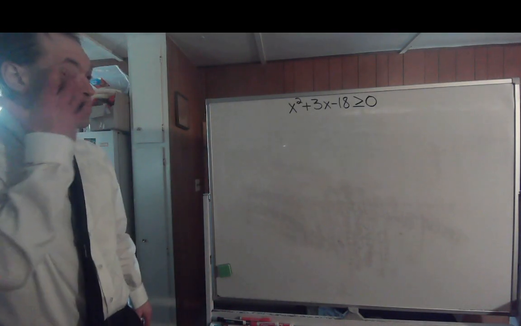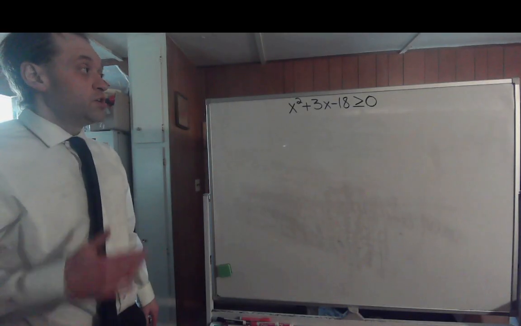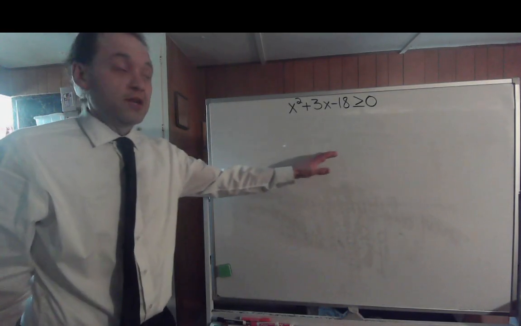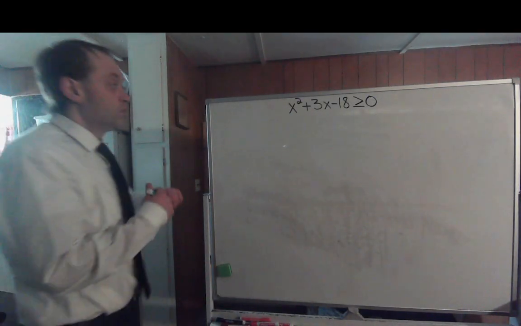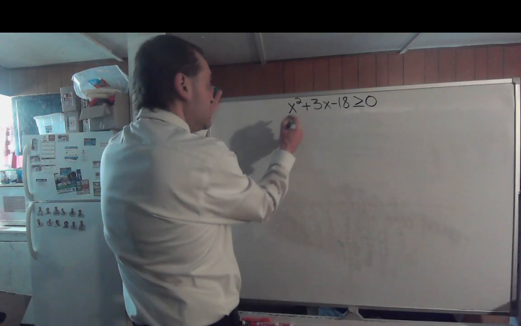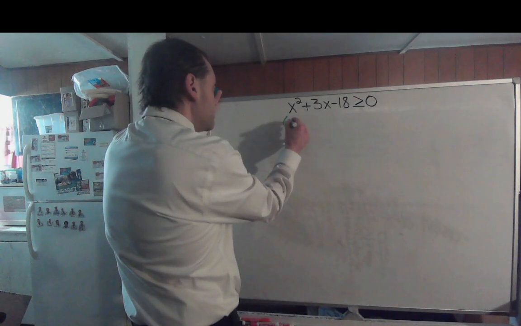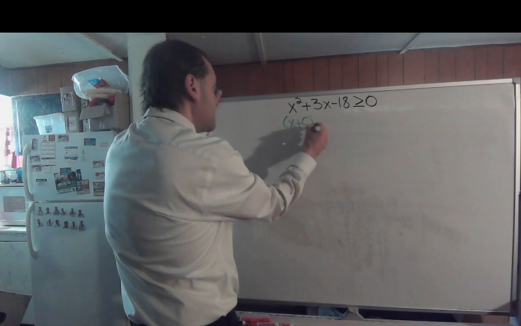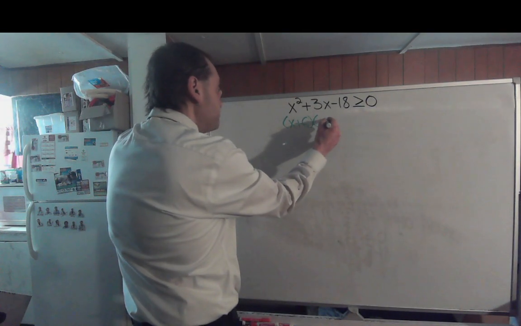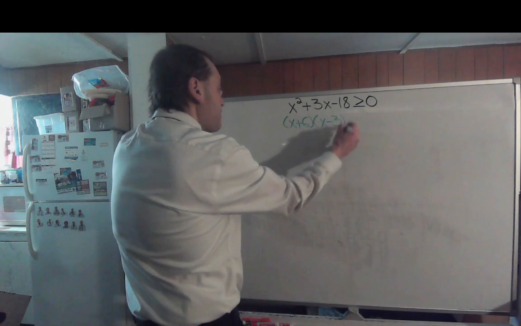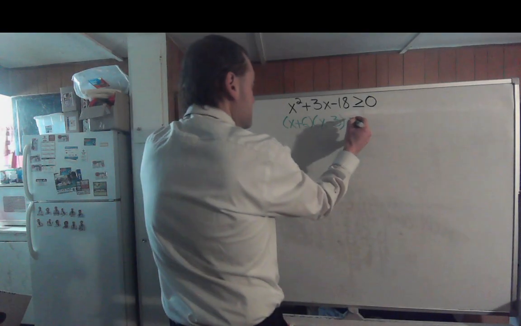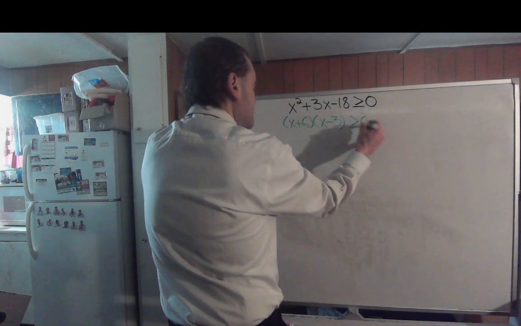For any inequality, you want to treat it like it were equal to 0, which means you're going to want to factor this. So let's factor this out. That would definitely factor into x plus 6 times the quantity of x minus 3, which would of course be greater than or equal to 0.